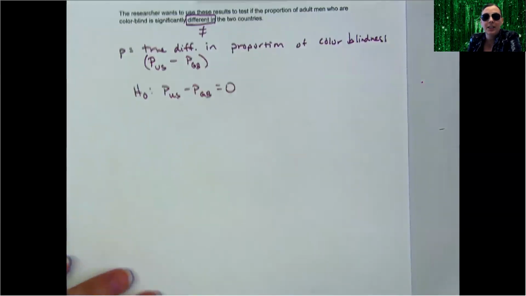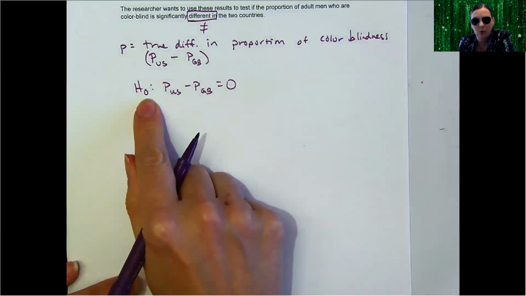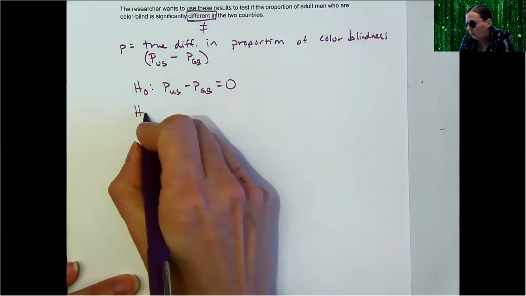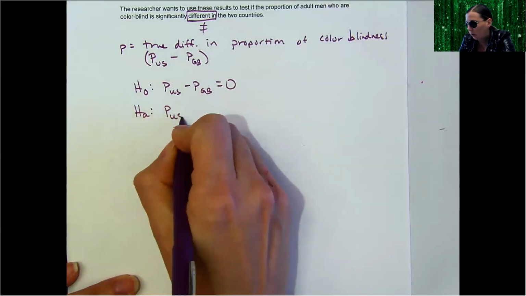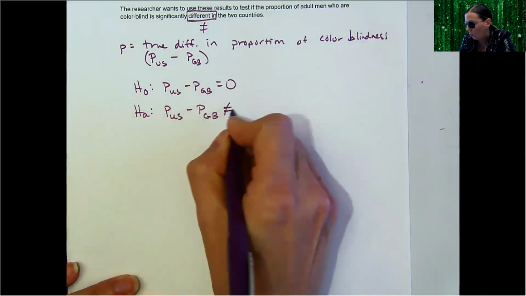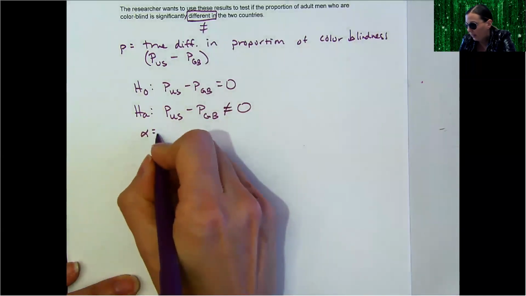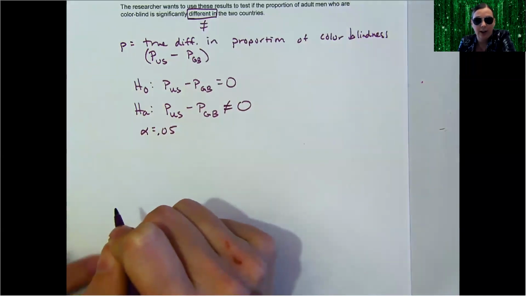Your null hypothesis is a statement of no difference, hence the 0 for the subscript. The alternative, we want evidence that, hey, something is going on here. The proportion is somehow, some way different. There is no alpha level provided, so the default is 0.05.